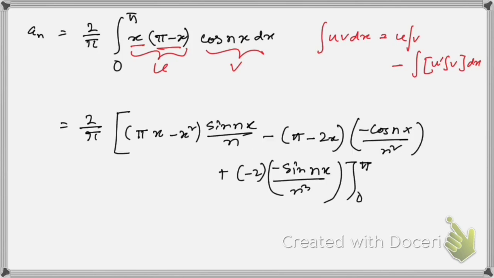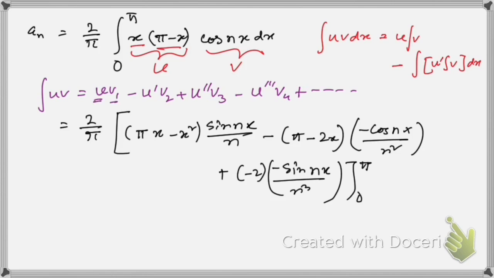Or you can apply this rule as well, which is the same thing actually: integration of uv is equal to u v1 minus u dash v2 plus u double dash v3, alternately positive and negative, v4 and plus so on. Here v1 is integration of v, u dash is d by dx of u, then v2 is integration of v1.